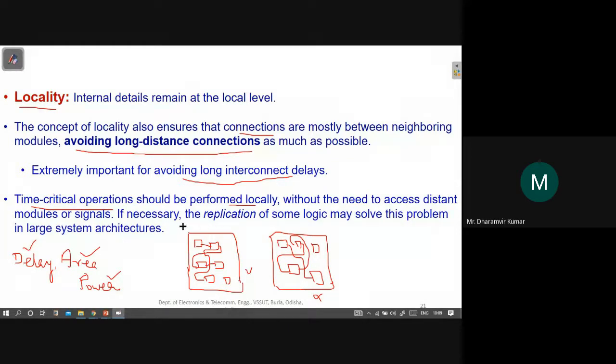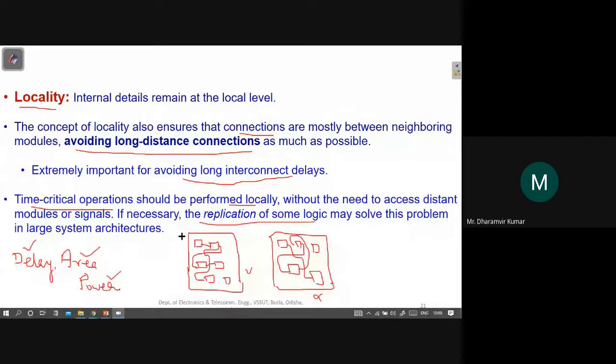This is also a practice that is used, that sometimes to achieve a certain target, we add some extra logic in the circuit. Many times we replicate some logic to get some desired function achieved in a big architecture.